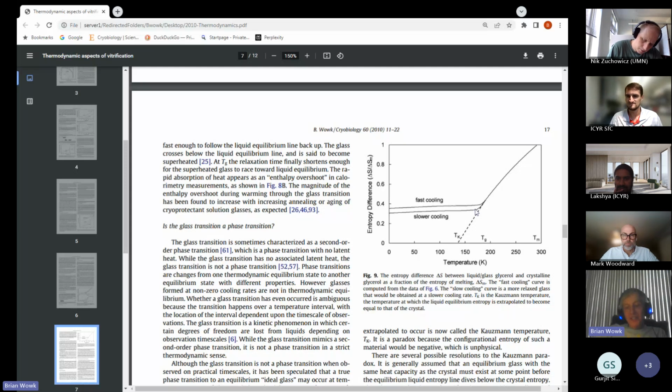But if you actually continue holding at a temperature below where Mr. Water Molecule gave up giving you more energy, and you wait long enough, the water molecules and cryoprotectant molecules will actually slowly wander around and find ways to give up more energy, to decrease their volume and decrease their entropy.